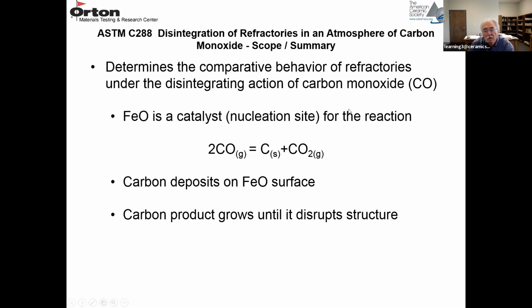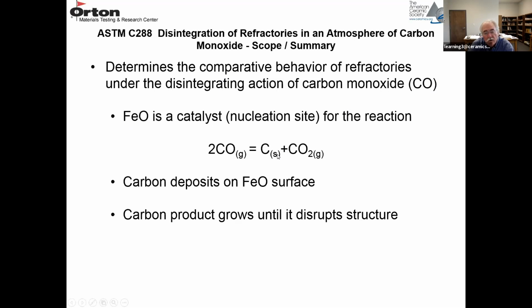But in a blast furnace, you're generating a great deal of carbon monoxide. So carbon monoxide can attack these refractories and actually disintegrate them. If you have free FeO in your aluminum silica refractory, it's a catalyst or a nucleation site for this reaction. The CO in the gas phase combines with carbon.